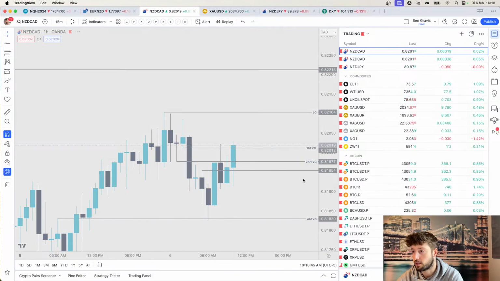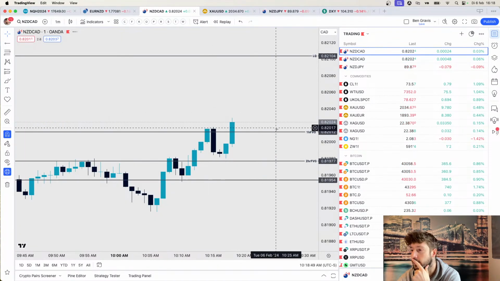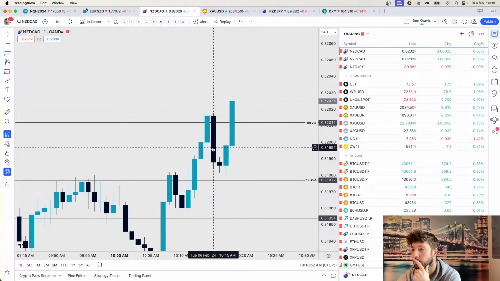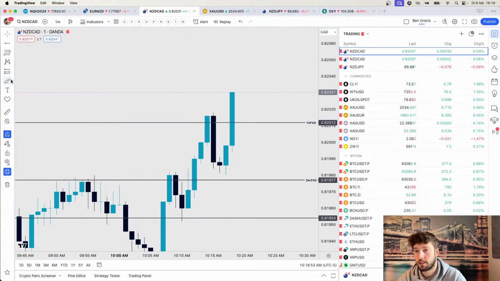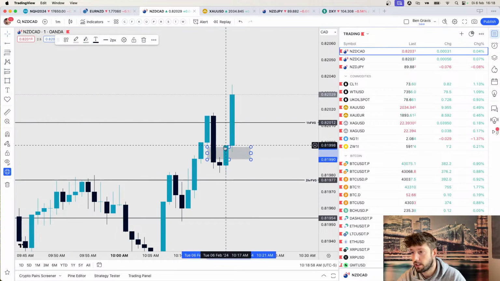I'm just really focused on the NZD Canadian pairs, and I think I just want to blindly enter. Here you have that setup. But it's really hard to find entries. Yeah, it's already moving right now.